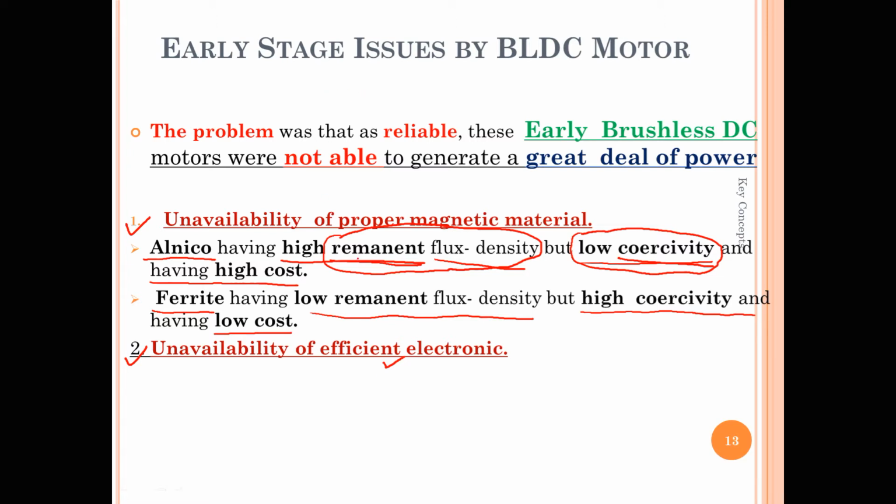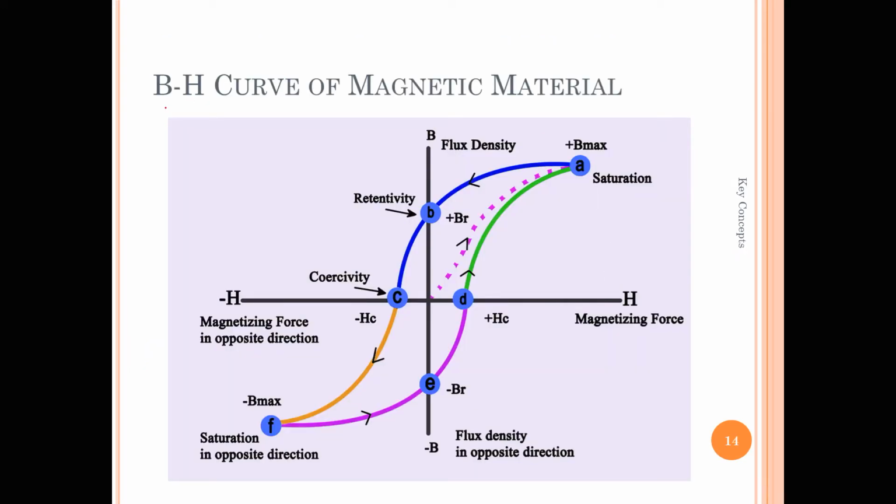So first we try to understand the concept of remanence and the concept of coercivity. We'll try to understand the basic concept related to retentivity, or remanence flux density, and coercivity.